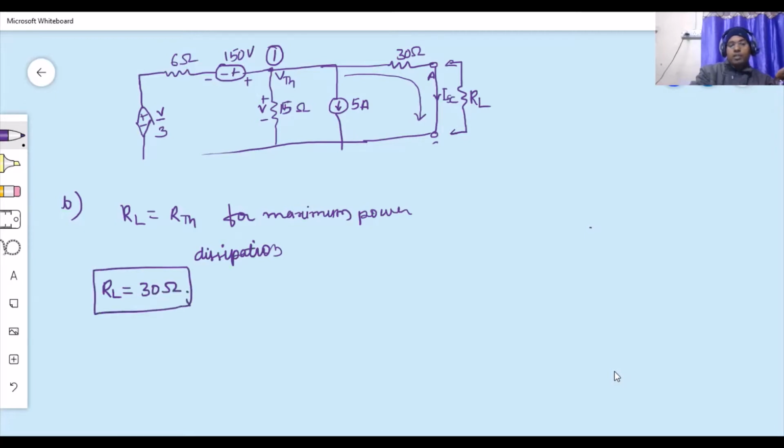Now for part C, we have to calculate the maximum power to be dissipated. By maximum power transfer theorem, Pmax is given as VTH squared upon 4RL.